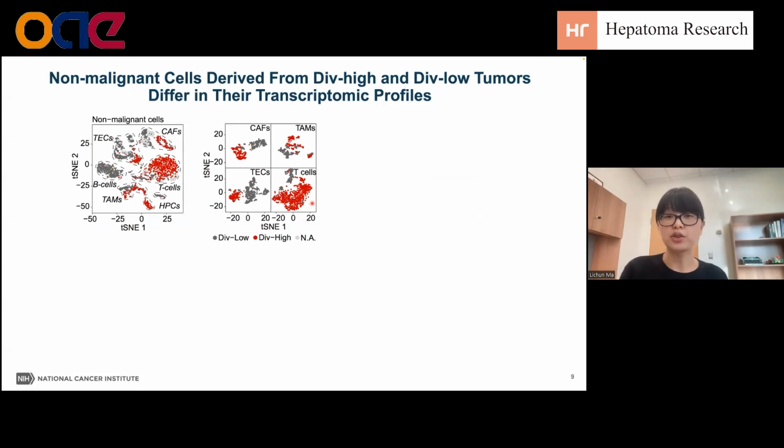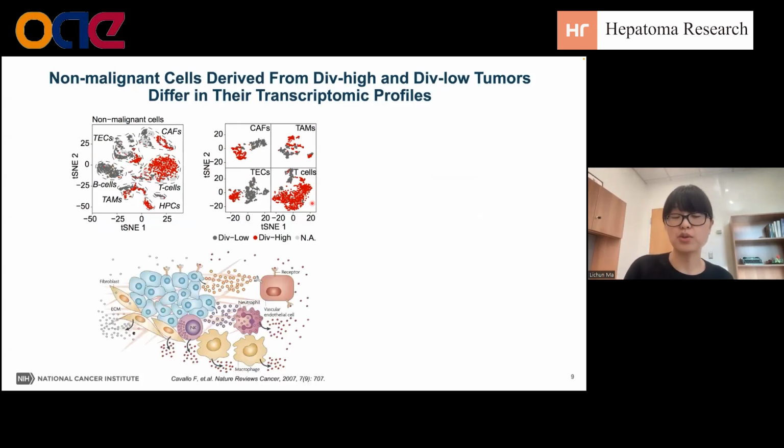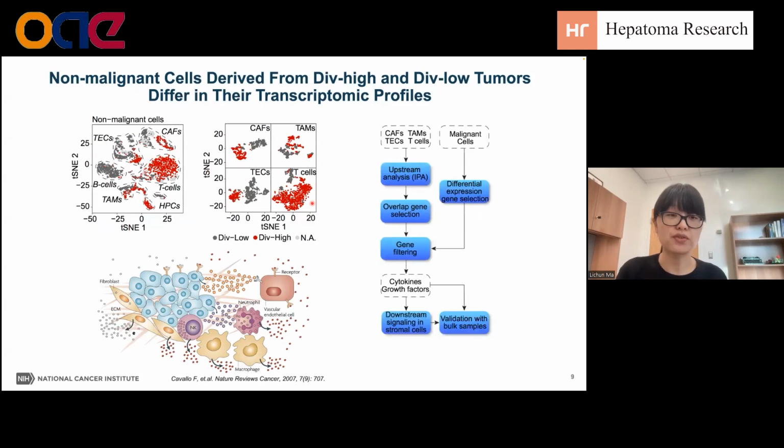Then we sought to determine if high-diversity tumor cells could produce some cellular factors that could induce tumor microenvironmental reprogramming. And we developed a strategy to search for cytokines or growth factors that were found upstream of at least 3 of the 4 cell types evaluated. And we further selected those that were differentially expressed in high diversity and low diversity tumors.